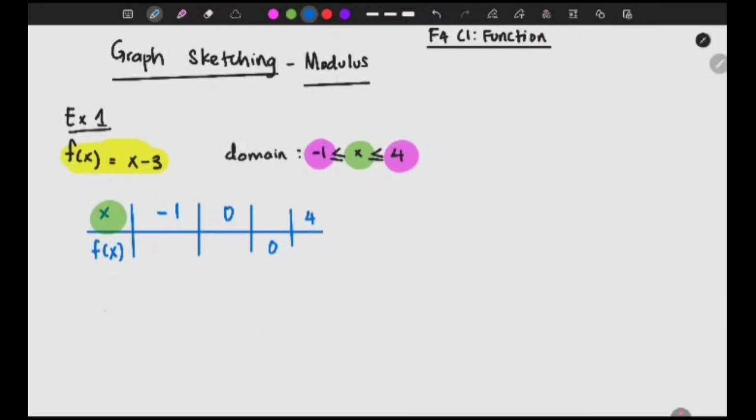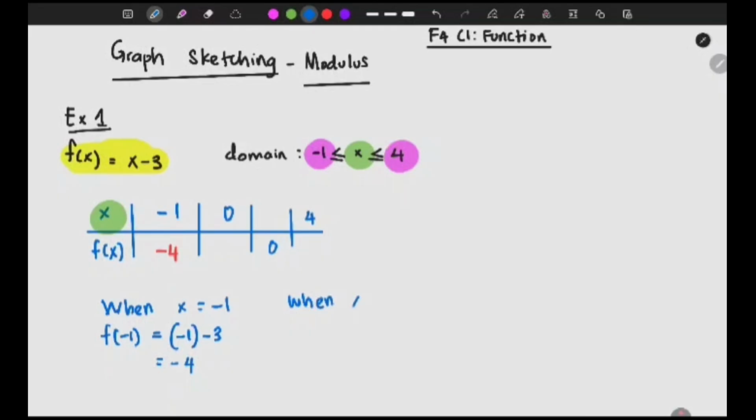So do substitution, which we learned yesterday. When your x is -1, sub your x, -1, equals -1 minus 3. So you're getting -4. Key in the -4. I use a different color, so you can see. So what about when x is 0?